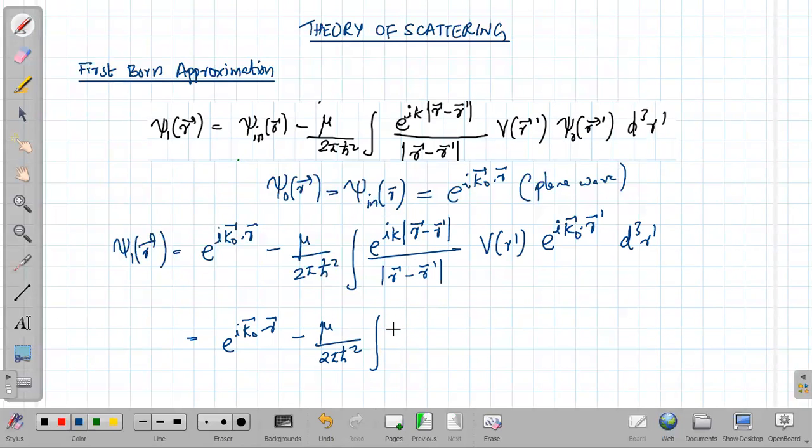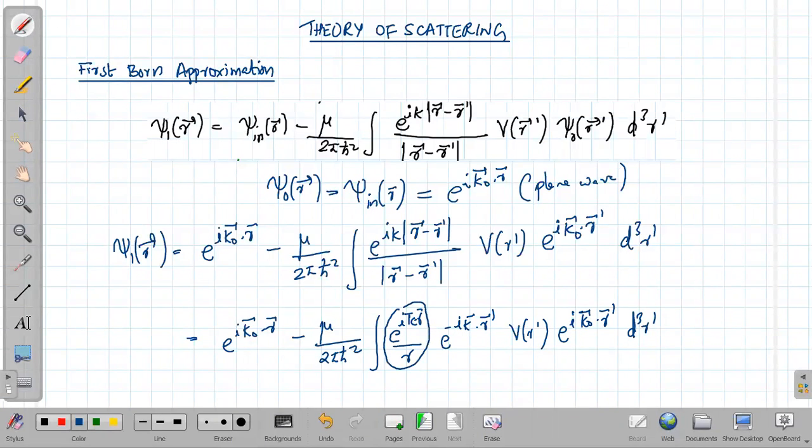So here, e raised to i k r upon r, e raised to minus i k dot r prime, and v of r prime, e raised to i k0 dot r prime d cube r prime. So this term can be taken outside the integration.